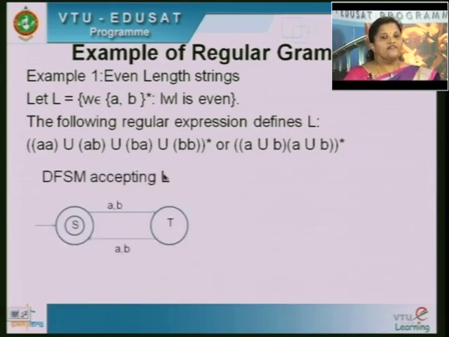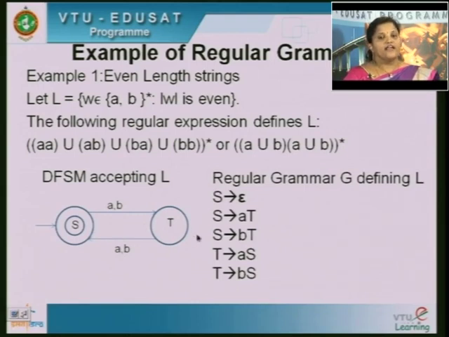And if you write the DFSM accepting this L, it can be designed with two states S and T, such that S on a or b reaches T, and T on a and b reaches the final state.